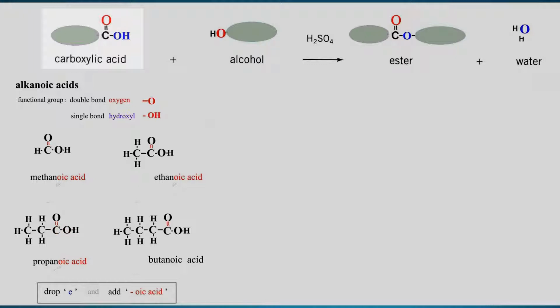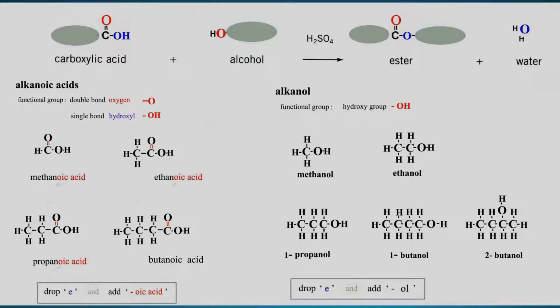Butanoic acid, double bond O, single bond OH. Students, please learn this double bond O, single bond OH as an alkanoic acid. So, students, besides the carbon structure, you will learn the alcohol as well as alkanoic acid.